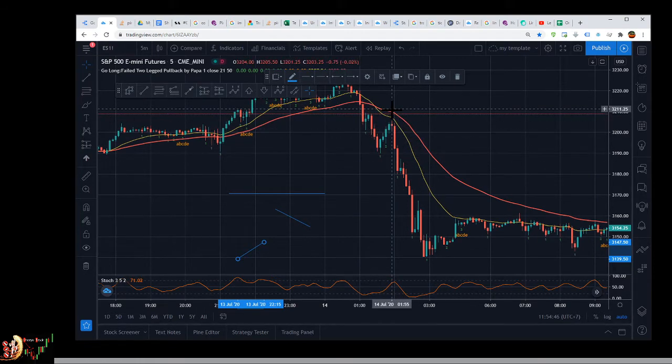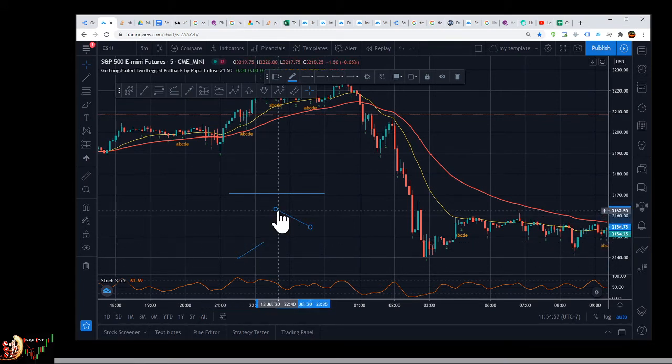If the slope of the SMA, meaning the angle of the SMA, is up, then it will be angling up. If the slope is down, it will be angling down. And if the slope is almost horizontal, then I will consider it flat. So this is the first step.